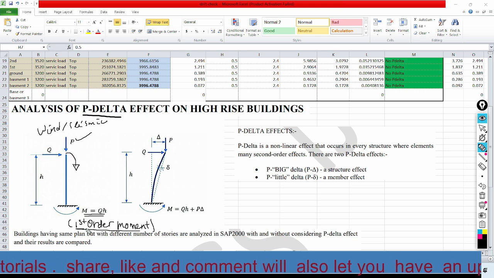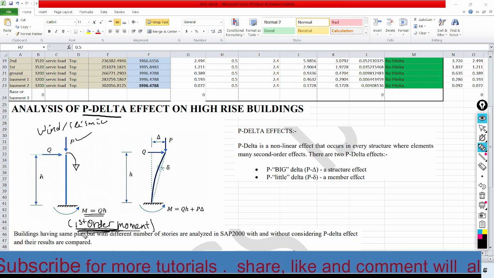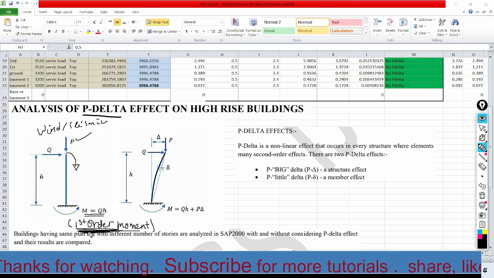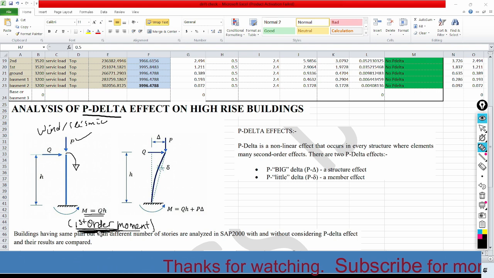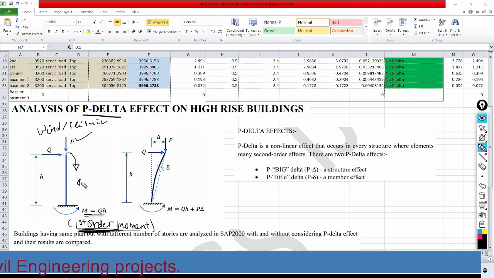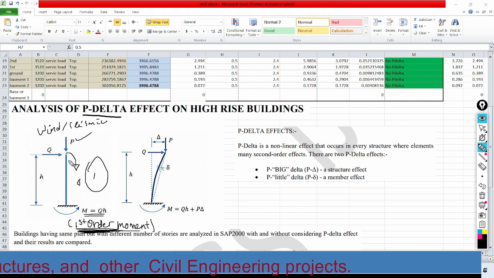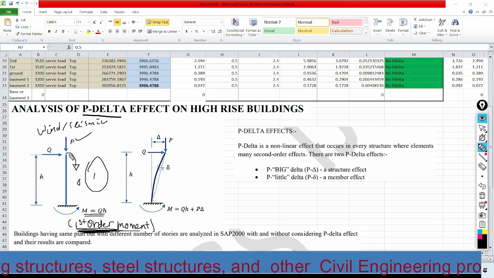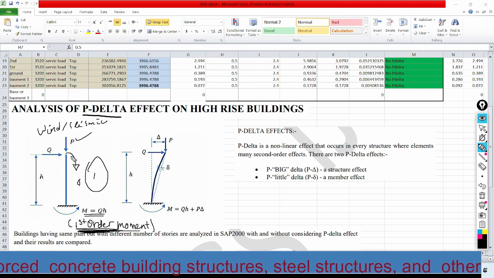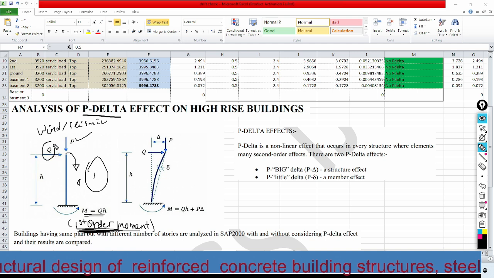This is a linear static condition. This is option 1, excluding the effect of the lateral displacement of the structure due to the horizontal force.